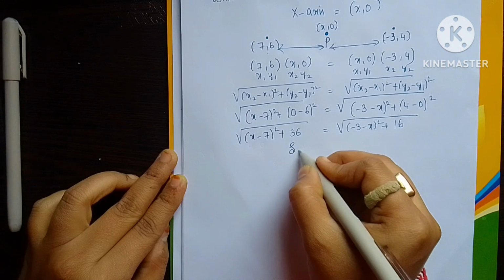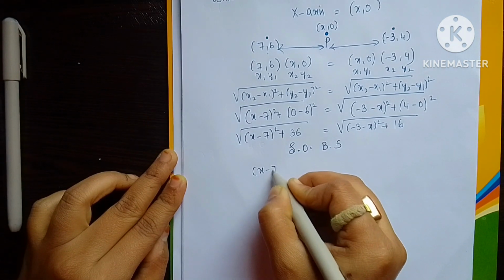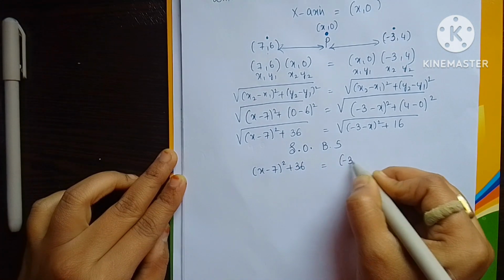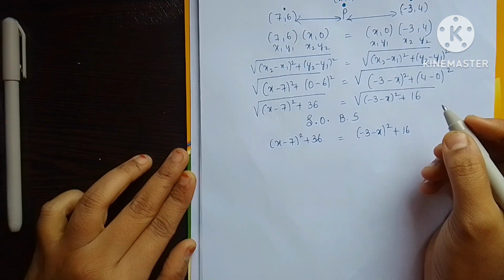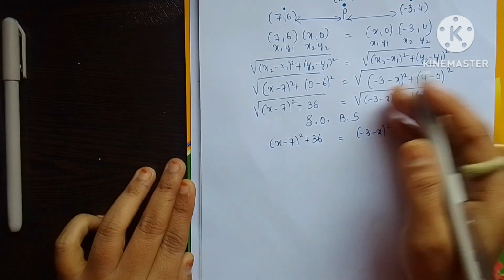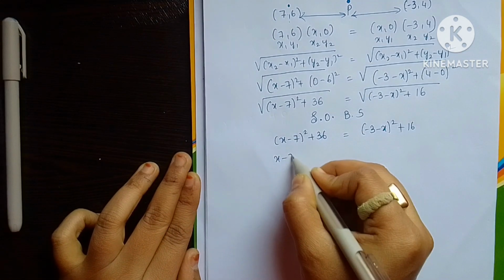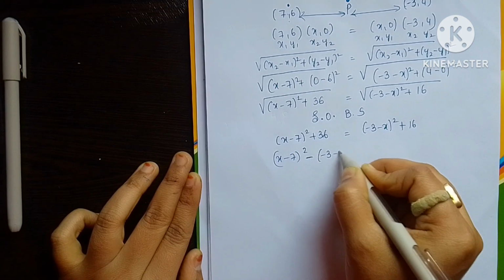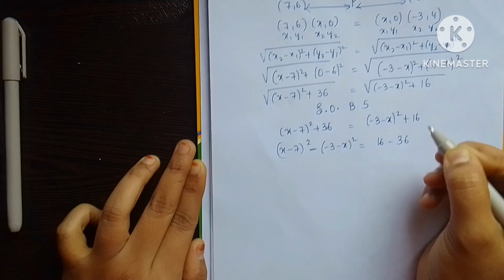Now we have to do squaring on both sides. So (x minus 7) whole square plus 36 equals (minus 3 minus x) whole square plus 16. Now bring the squares to one side: (x minus 7) whole square minus (minus 3 minus x) whole square is equal to 16 minus 36.